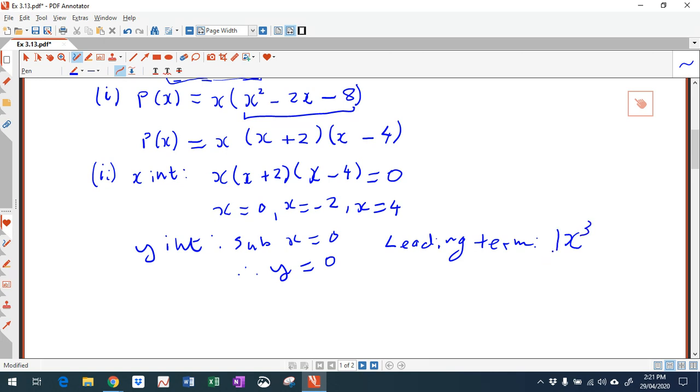Now I've got a positive coefficient for the leading term. Also, I've got an odd degree. Now, that means I'm starting in this quadrant and finishing in this quadrant. Okay, so now we're ready to sketch.